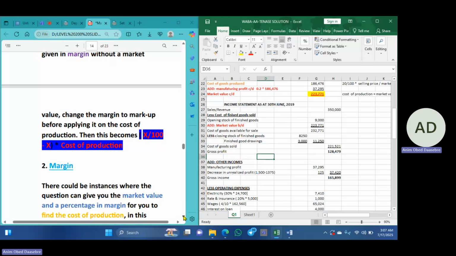Now, there are some instances where you need to consider whether or not you are going to compute unrealized profits. If the transfer was made at a cost price, then you will not factor in any manufacturing profits, and for that matter, you are also not going to consider any unrealized profits.